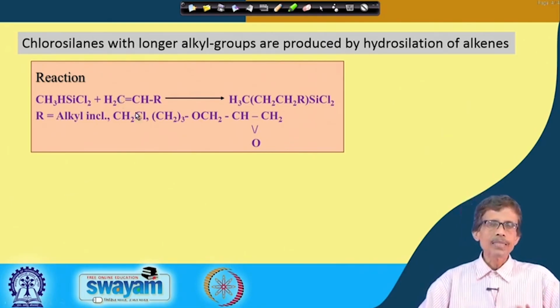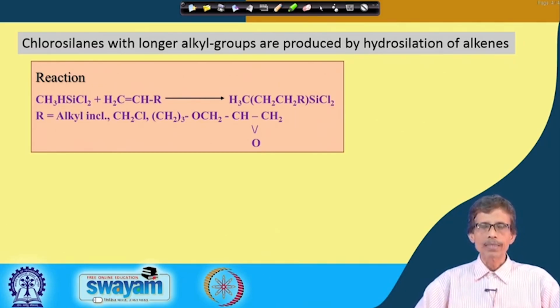So, that alkene material when reacted with your organohalosilane, one of them is CH3HSiCl2. That means instead of two R groups, one is the methyl function and the other is the H, because the reactivity potential of that particular silane is different compared to the other one, when two of the bonds are silicon methyl bonds.